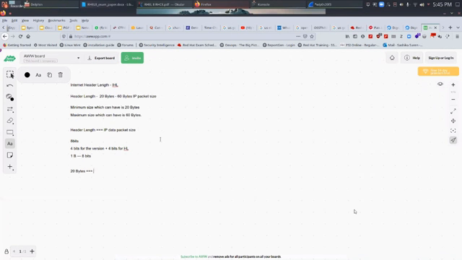If you say 20 bytes, what is the bits value of the 20 bytes?